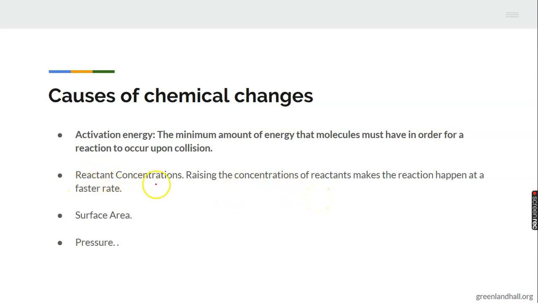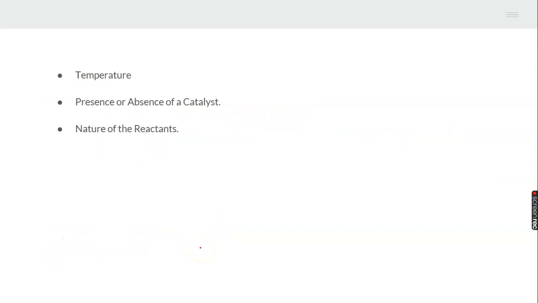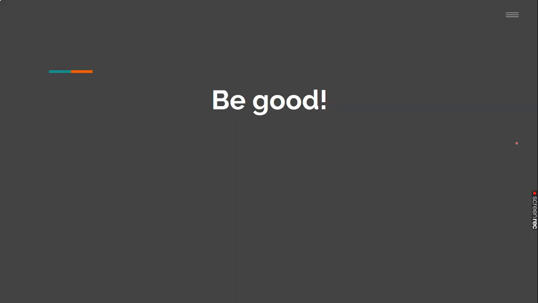So reactant concentration can cause chemical change. Surface area in which the reaction occurs, whether a small area or a large area, can cause chemical change. Then pressure, temperature, and the presence or absence of catalysts are also causes of chemical change. The nature of the reactant, maybe solid, liquid, or gas.